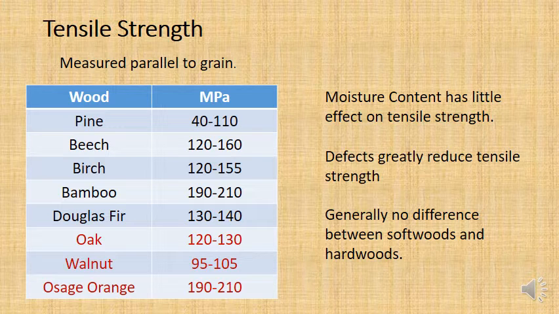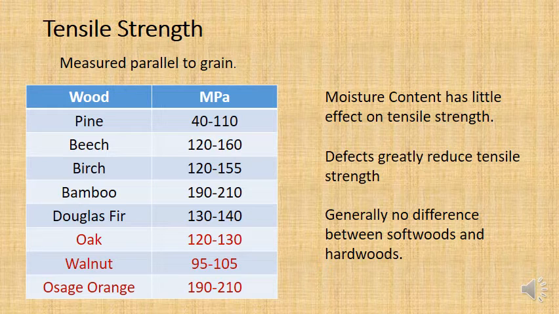But you can see there's actually quite a variation in tensile strengths there. Look at pine, that's got 40 to 110 megapascals for tensile strength. Look at Osage orange, that's quite a rare wood, but that's 190 to 210 megapascals. Now look at this.